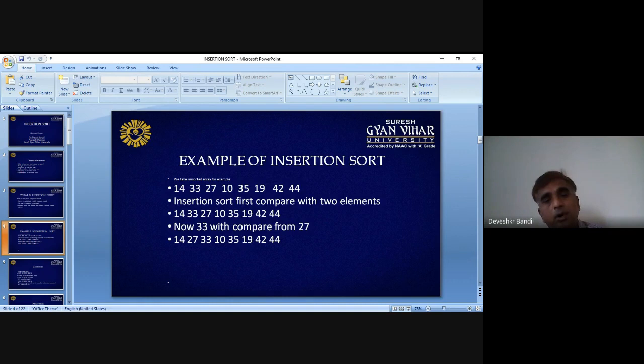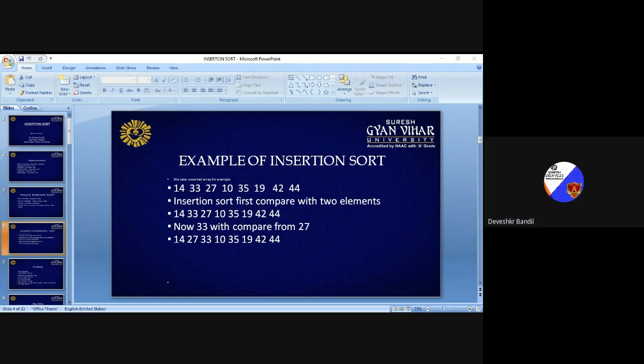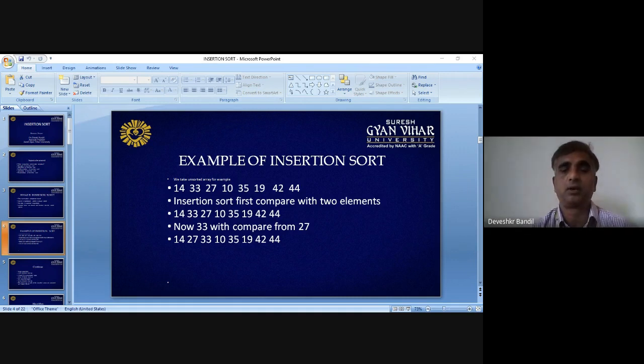At this time 14 has already taken its place in the starting position, and now 33 will be compared with 27. 33 is greater than 27, and as per the sorting rule, the first element should be less than the second element.